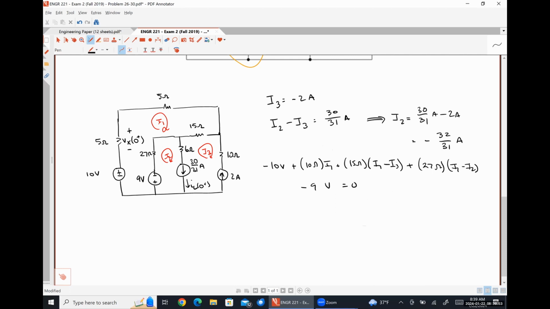I'm going to be wildly lazy and do this as a 3-equation, 3-unknown system.